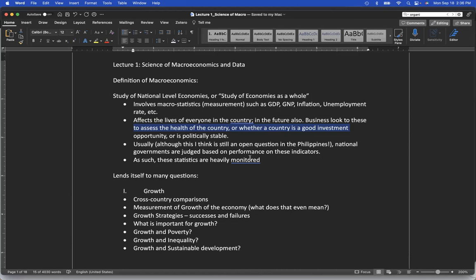So these involve our understanding and construction of these macro statistics, such as GDP, GNP, inflation, unemployment, etc. We'll be spending a lot of time discussing how the Philippines does it. We'll be using a ManQ as a guide, meaning the topics will be there, the theories will be there, but the actual construction of the data and the actual data will be purely Philippines.